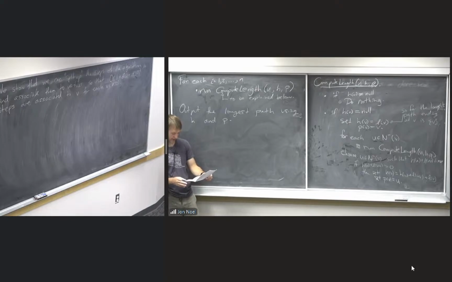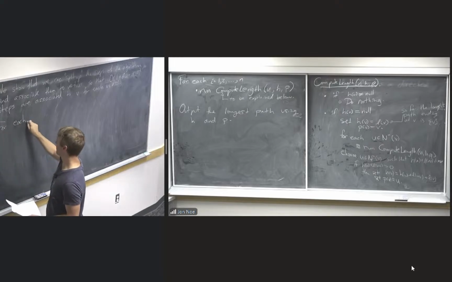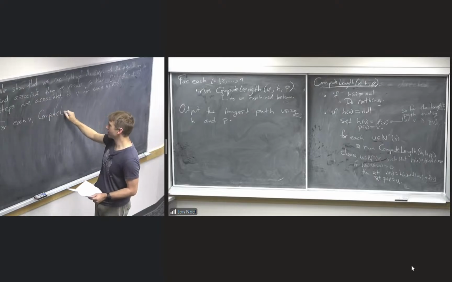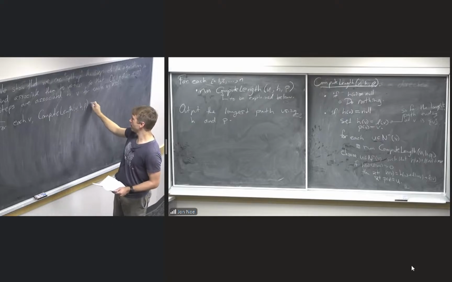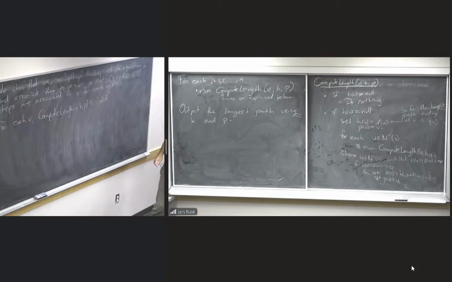Let's see, how do I say this? For each vertex V, let's think about how many times this thing is called. The function compute length V HP is run 1 plus the out degree of V times during the whole algorithm, right?